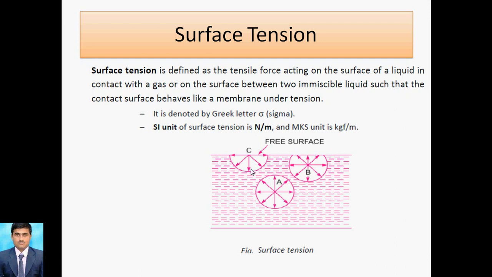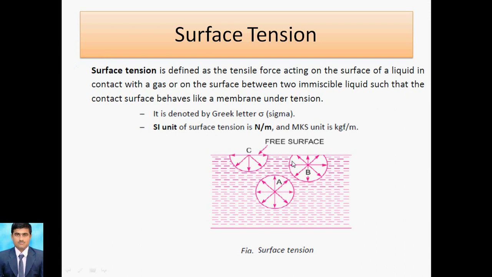Here we have three molecules, A, B, and C, in a mass of liquid. Molecule A is attracted by all the surrounding molecules, so the resultant force on A is zero.